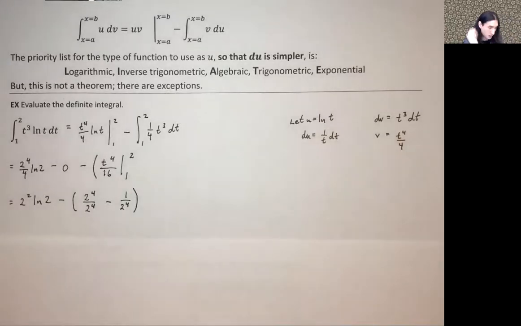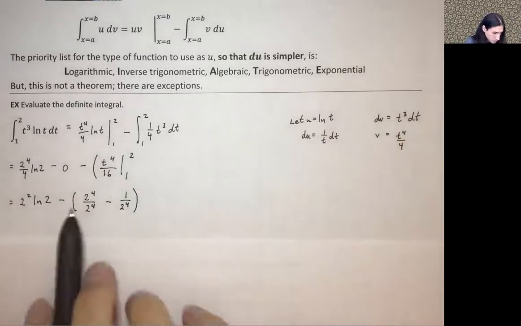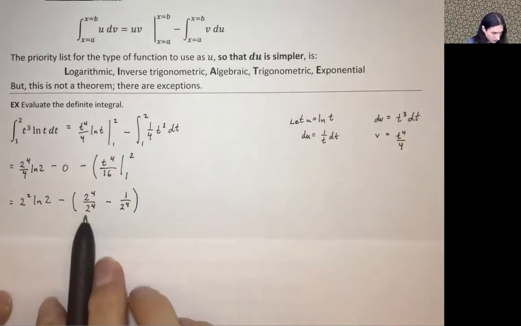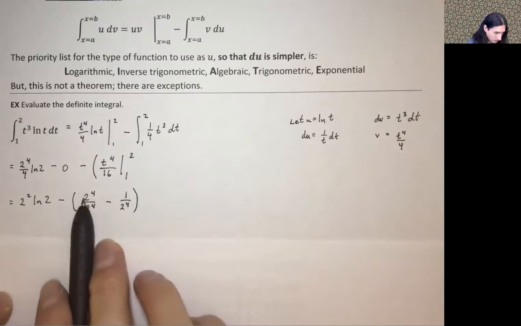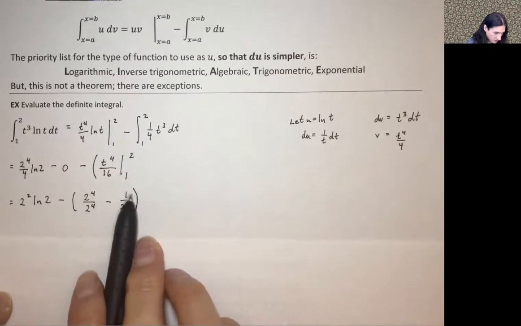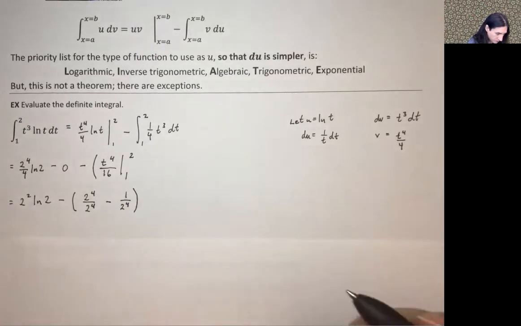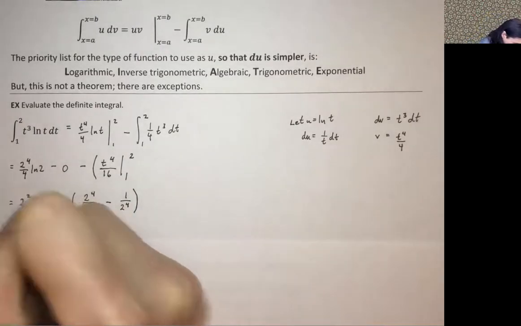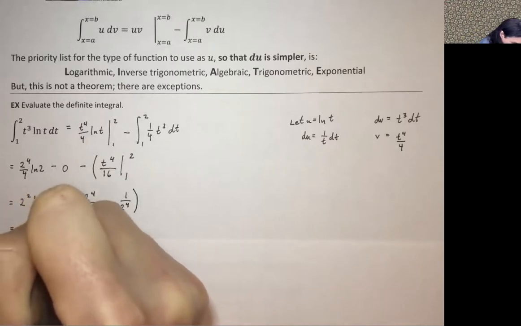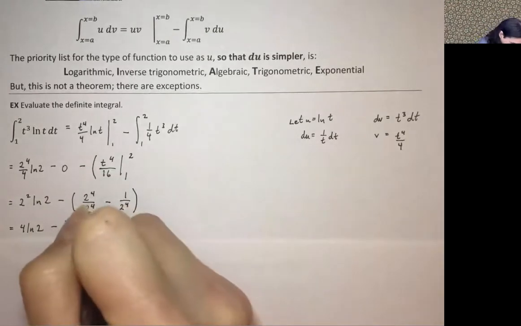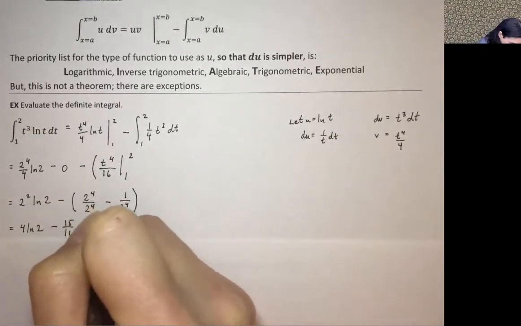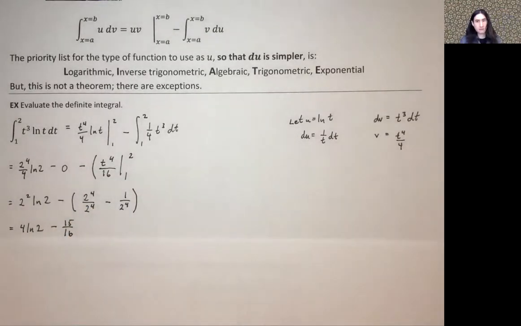So it looks like right here, I could have canceled those and left me with a 1, but it's probably easier if I just do 16 minus 1 is equal to 15. So we end up with 4 natural log of 2 minus 15/16.